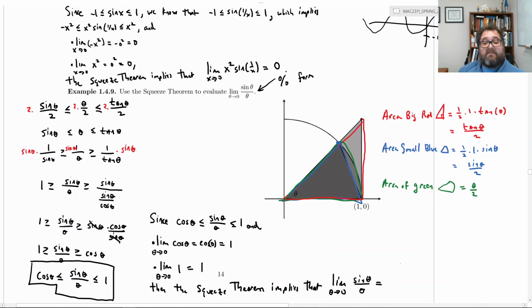It's equal to that same value, 1. Because the limit of that left and right hand function on either side was 1, therefore the limit in the middle has to also be 1.